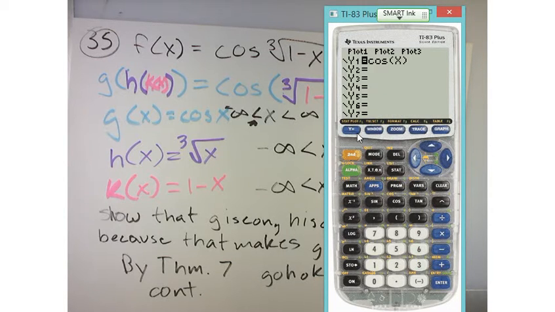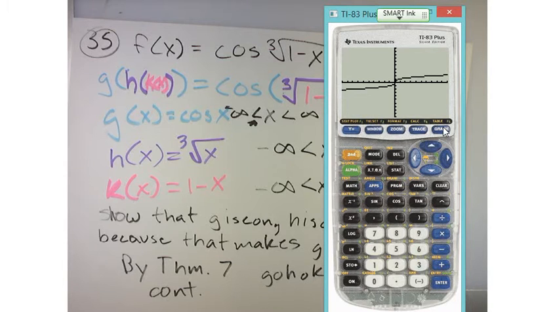So now I'm going to come back and see the cube root of x. The one way I could write cube root of x is x raised to what? 1 divided by 3. Again, all real numbers for the x domain. It's continuous throughout the whole thing. If I hit trace and I scroll through, for every x value, there's a corresponding y value.